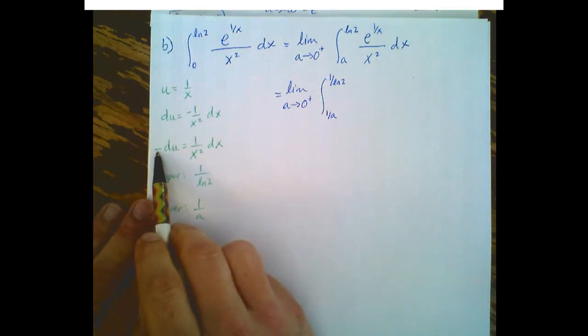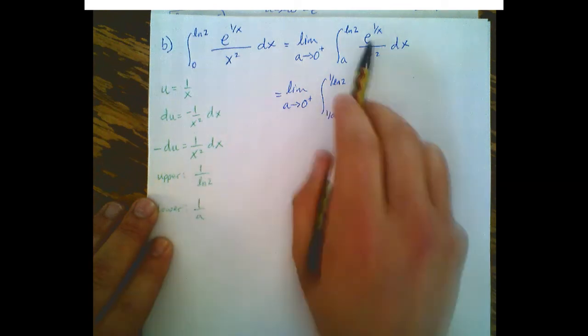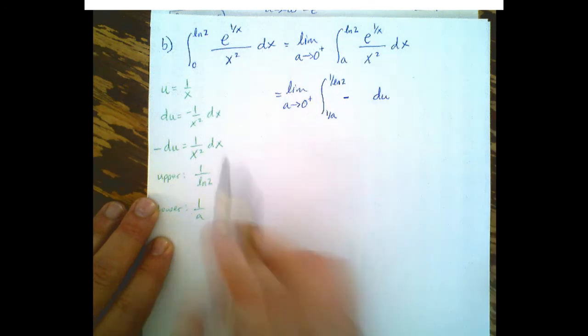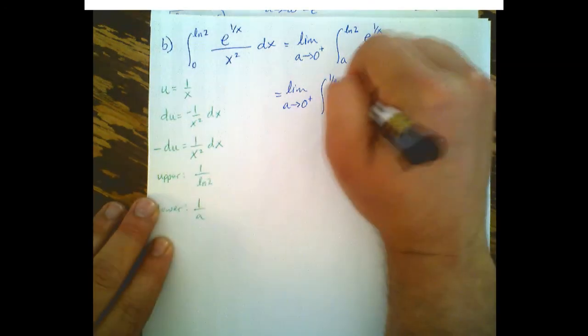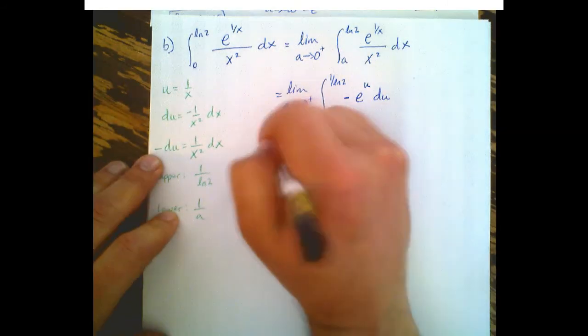We have a negative happening for our du, so let's say 1 over x squared dx is taken care of by negative du. So all that's left is negative e to the u. So what's the antiderivative of negative e to the u? That's negative e to the u.